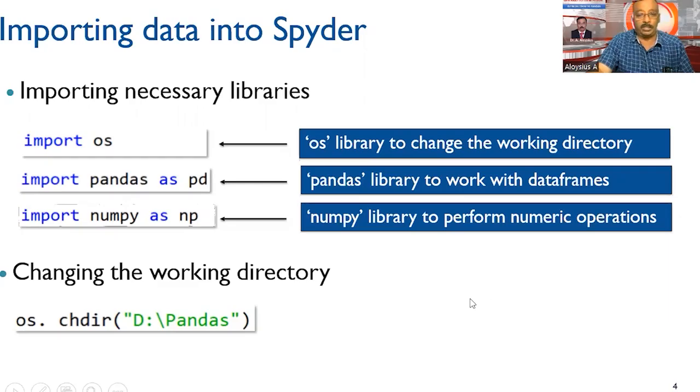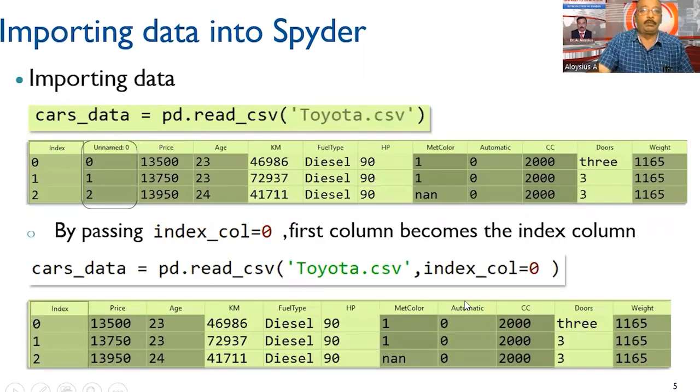Now coming to importing the data into Spyder, we are going to use a file called Toyota.csv. It is a file which contains information about pre-owned cars. We are going to import this file into the Pandas environment by using a command called read_csv. So pd.read_csv is a command used to convert this Toyota.csv into the data frame called cars_data.